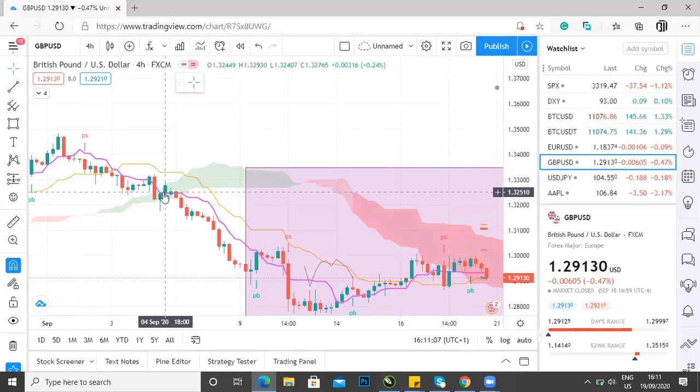In the Ishimoku rule, you don't trade in the Ishimoku, and you don't trade for a sell above it. You only trade below the Ishimoku cloud for a sell, and you trade for a buy above the Ishimoku cloud.